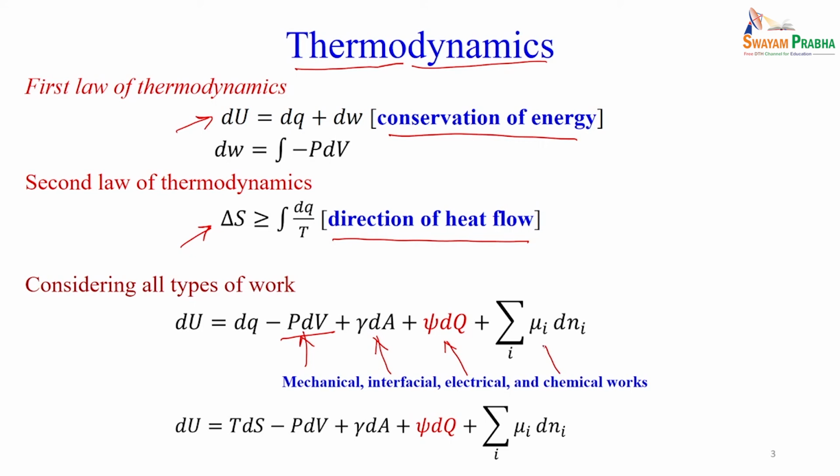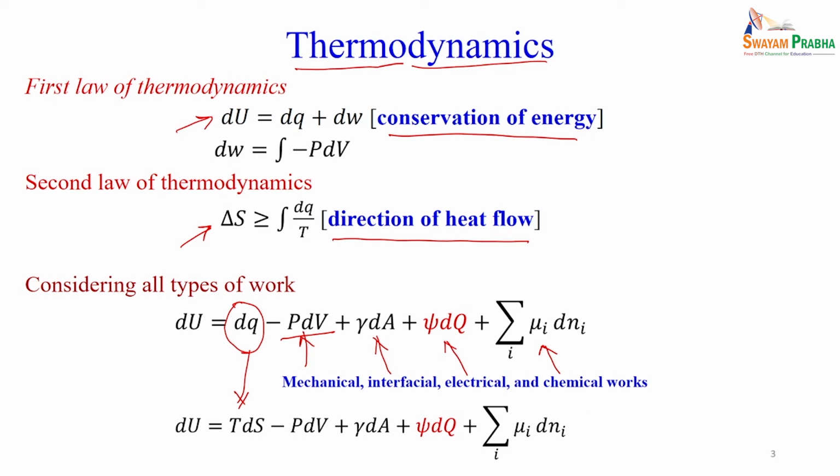We are also adding the electrical work, psi into dq, where q is the charge and psi is the electric potential, as well as the chemical work. This can be further simplified by applying the second law of thermodynamics, so dq is equal to T into dS. So, it is TdS minus PdV plus gamma dA plus psi dq plus mu_i dN_i.